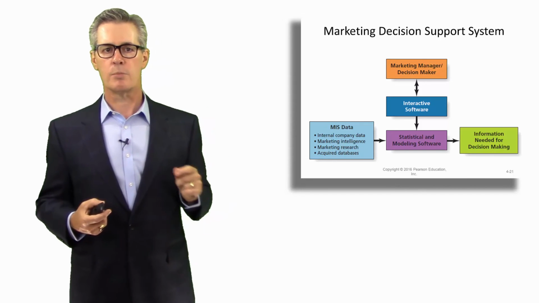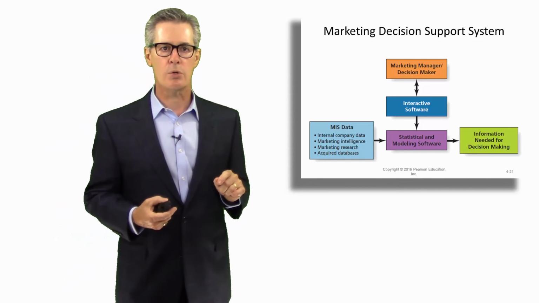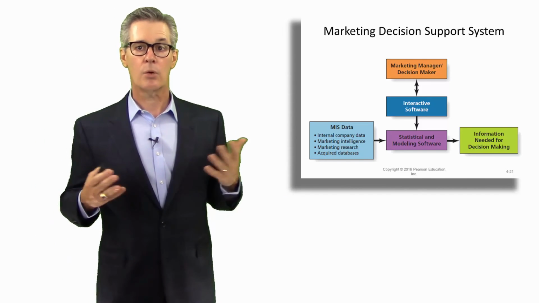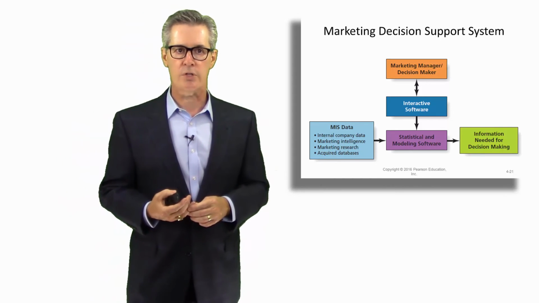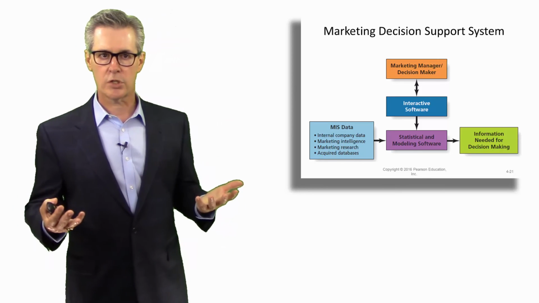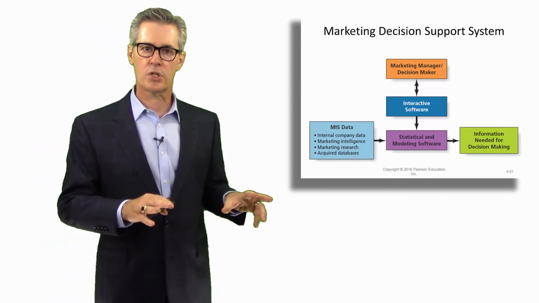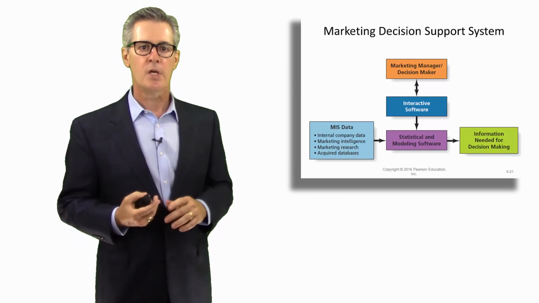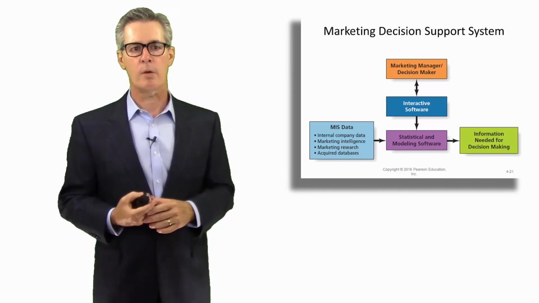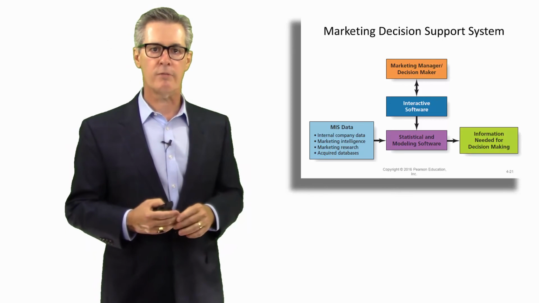MDSS is more powerful because even individuals who aren't computer experts can run some custom reports on their own via the interactive software that's available. Marketing decision support systems use both statistical tools and also modeling software tools. Statistical software is helpful in examining complex relationships among variables.